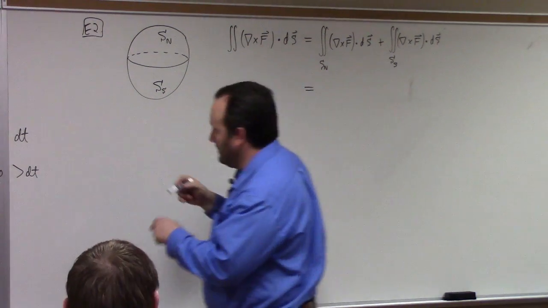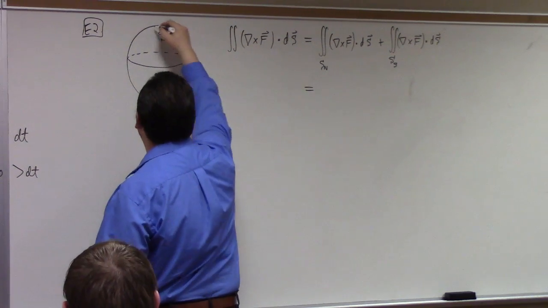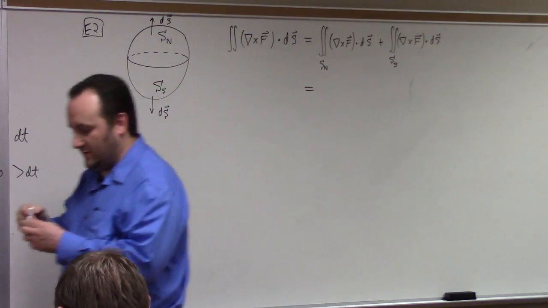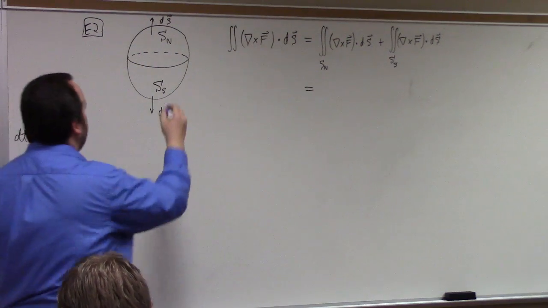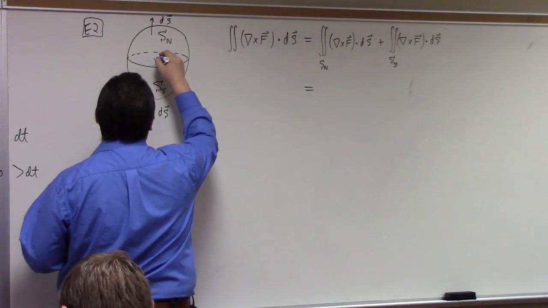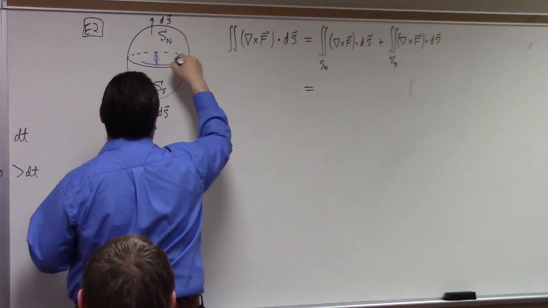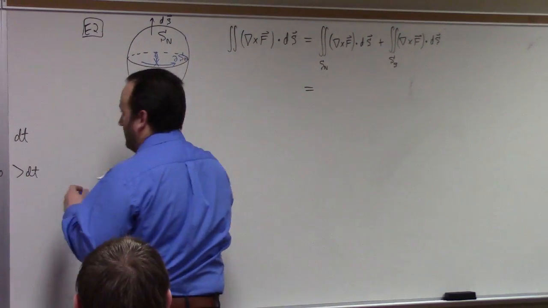So the point here then is, dS looks like this down here, right? dS looks like this up here, right? Outward oriented. So if we think about the boundary, think about yourself, little dude, walking like that, then this is the boundary of S north, right?